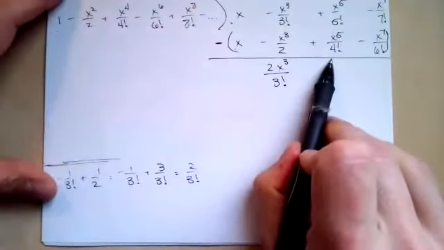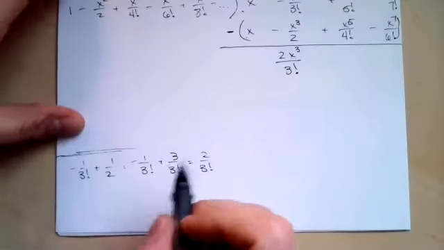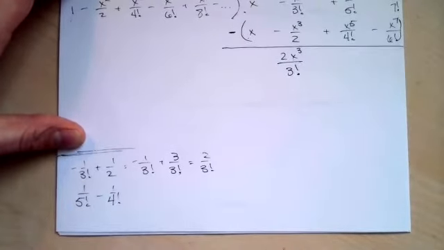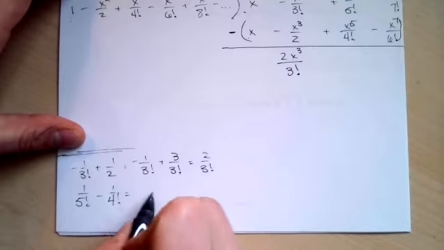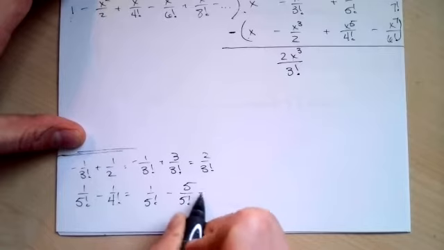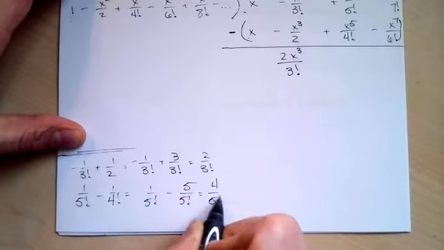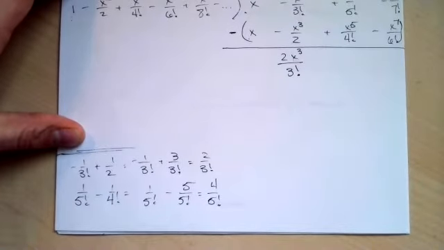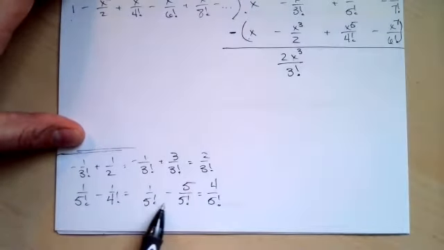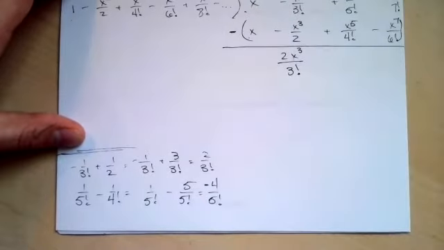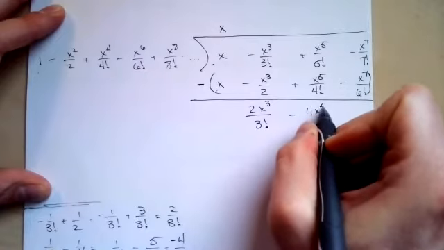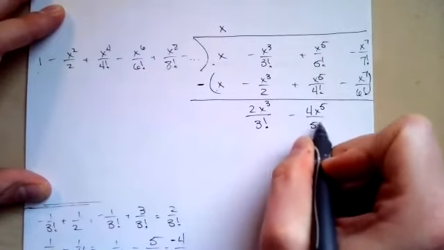Here we will have 1 over 5 factorial minus 1 over 4 factorial. And after we do a few of these, maybe we'll see a pattern. So 1 over 5 factorial minus 5 over 5 factorial is going to give us 4 over 5 factorial. Let's make sure we got the sign correct. That's going to be a negative 4, yeah. So we'll have a minus 4x to the 5th over 5 factorial.